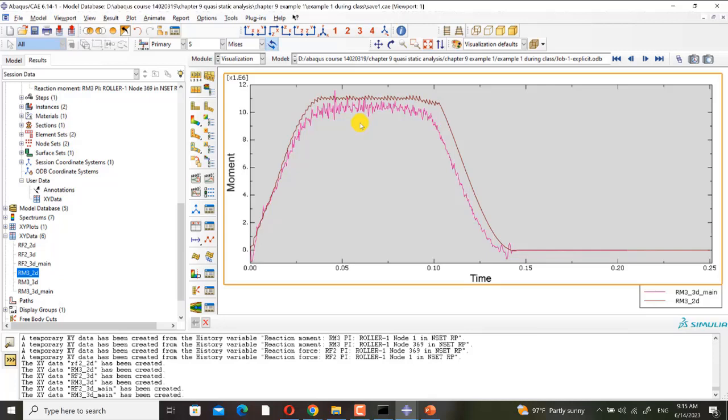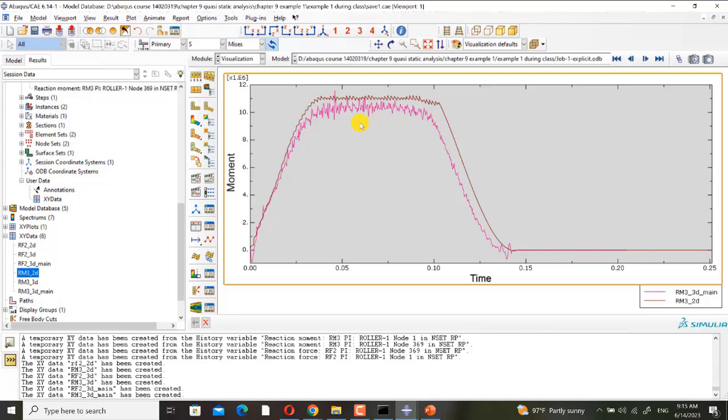So here maybe you have a question. Why are the reaction moment curve and the reaction force curve close, but the 3D stress field is not close? This is because of the sensitivity of stress to the mesh. We must use smaller elements.